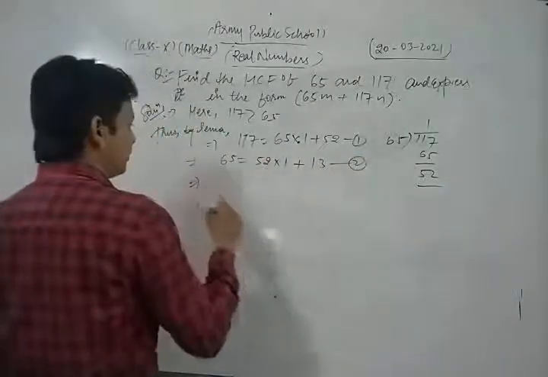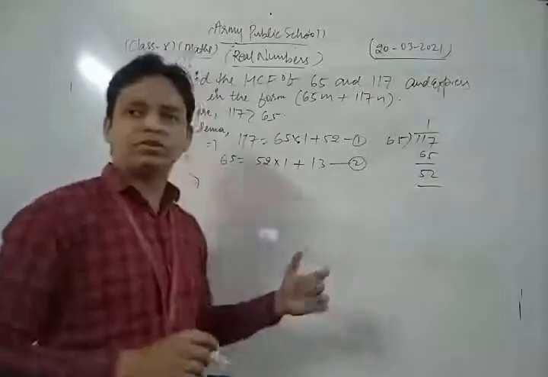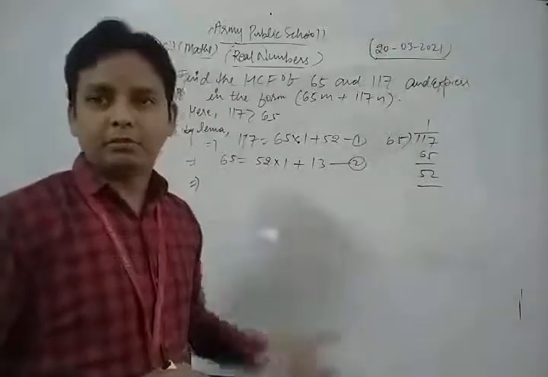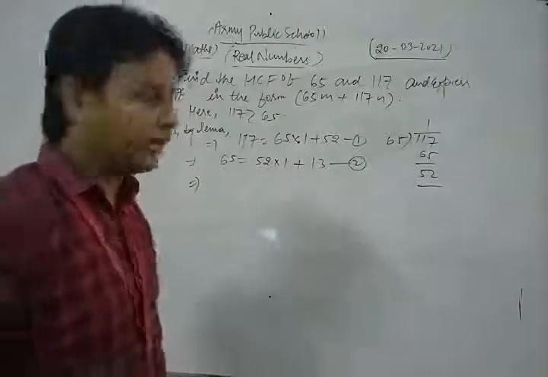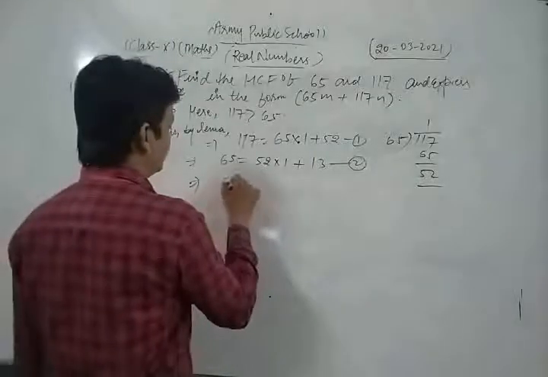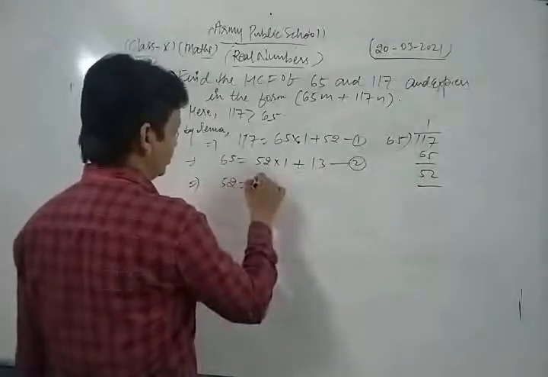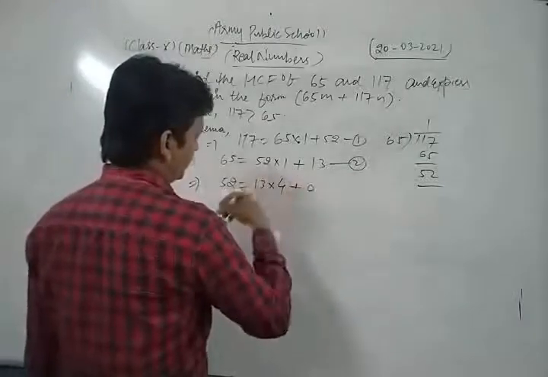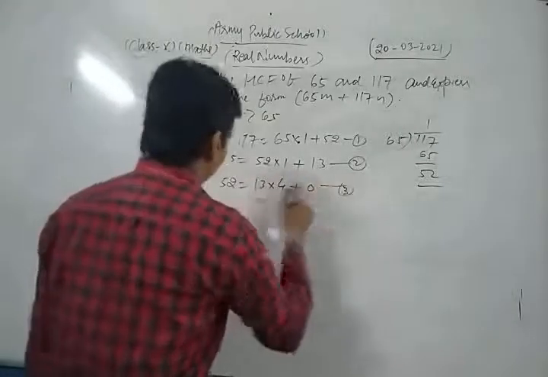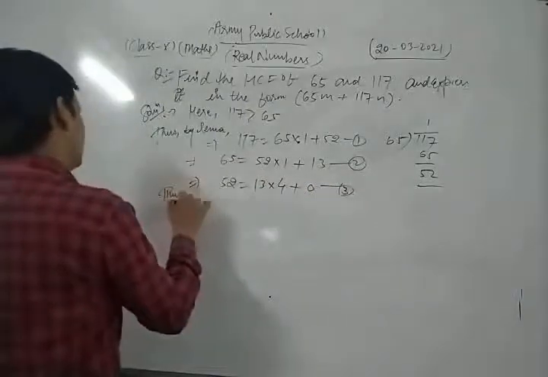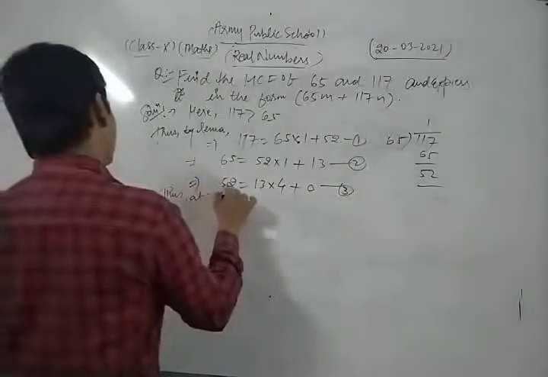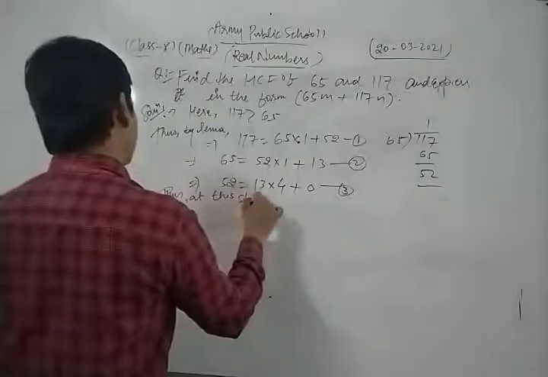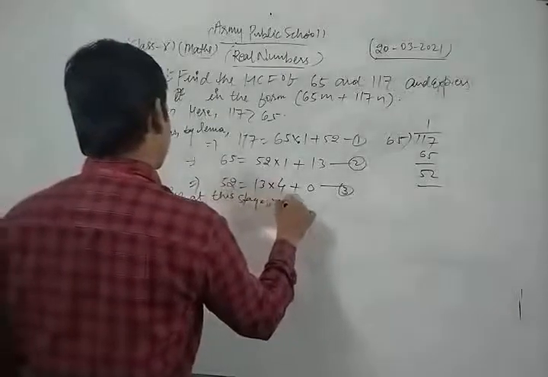Now we do this process till the remainder becomes 0. Now we divide 52 by 13: 52 equals 13 into 4 plus 0. Thus at this stage the remainder is 0.